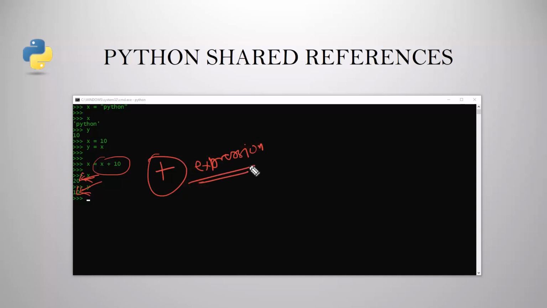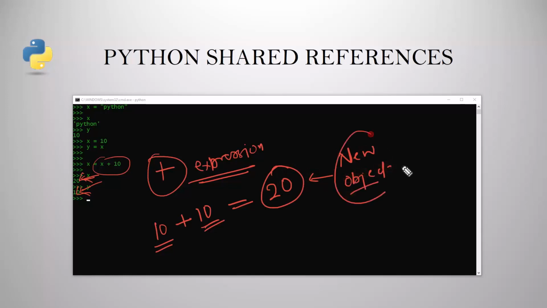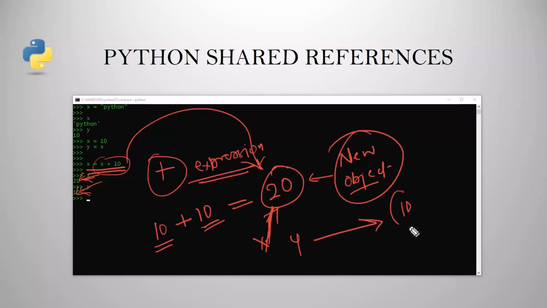Whenever we perform any operation on an immutable object, it will create a new object. For example, 10 plus 10, these are two objects, and the result will be 20, which is a new object. So x is referencing this new object, but y is still referencing the same old object.